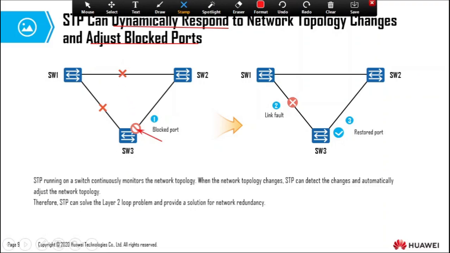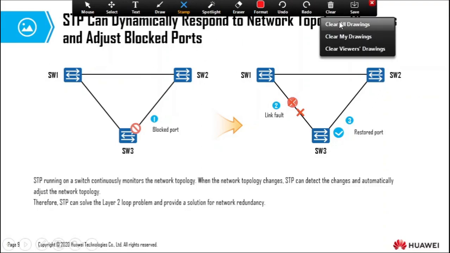If this interface goes down, we can still access this via that. So it means we have to enable this blocked port. In this example, we're being shown that if this link goes down, then this one that had been blocked is reactivated and restored, so that we can still access switch 1 via switch 2.